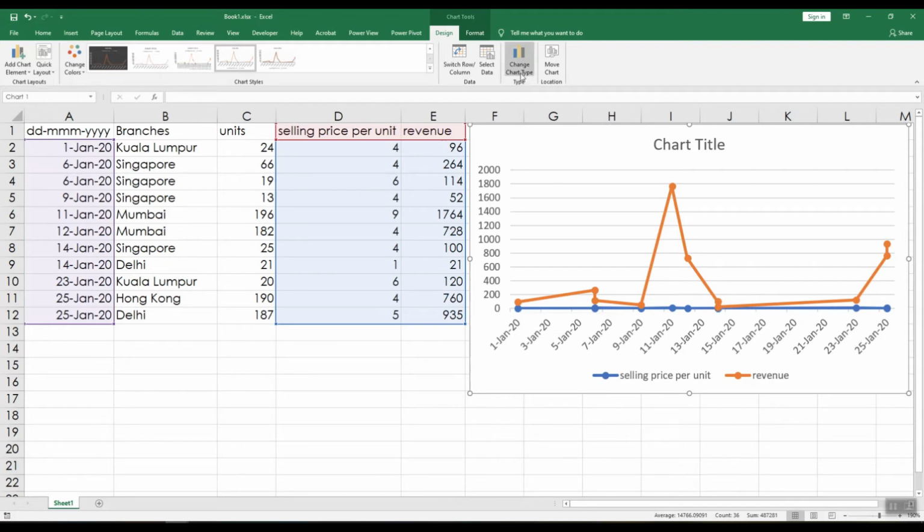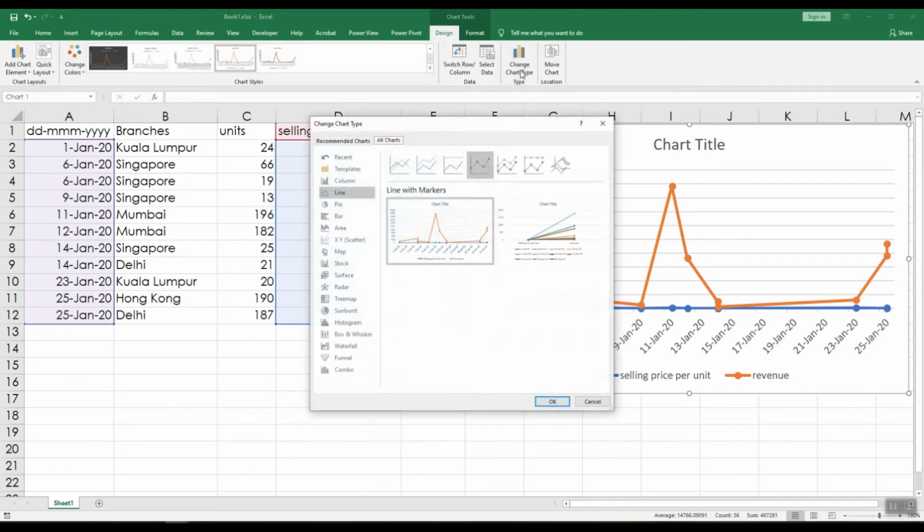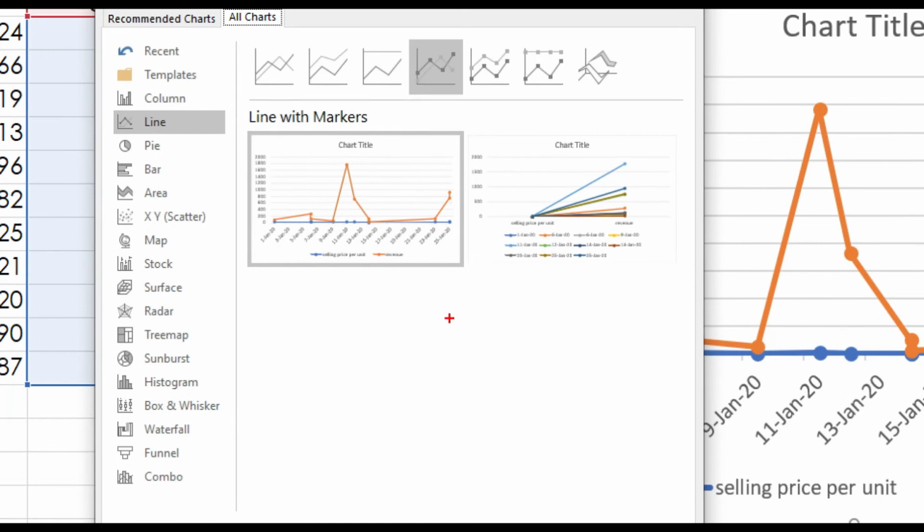Go to the change chart type over here. By the way, it is under design, just to take note. I'm going to click on it. This is the option that I'm looking for.